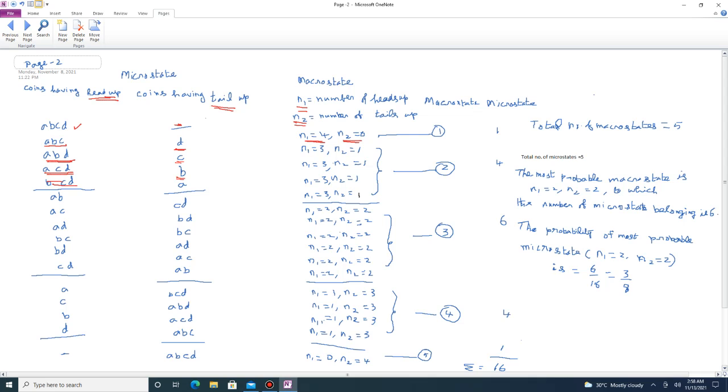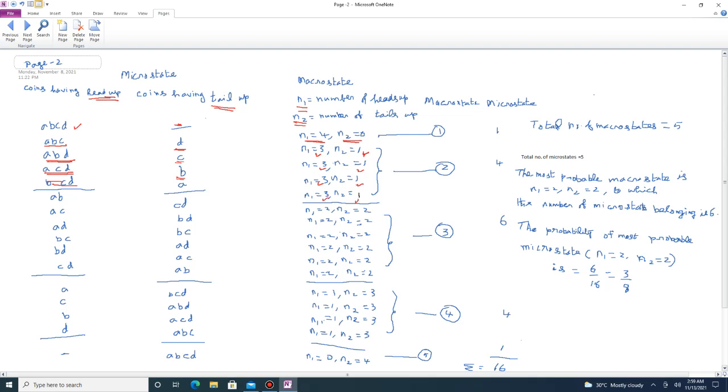So in all the cases, n1, the number of heads up, is equal to 3 and n2 is equal to 1. So this is a possibility. For the other possibilities also, n1 is equal to 3 and n2 is equal to 1.